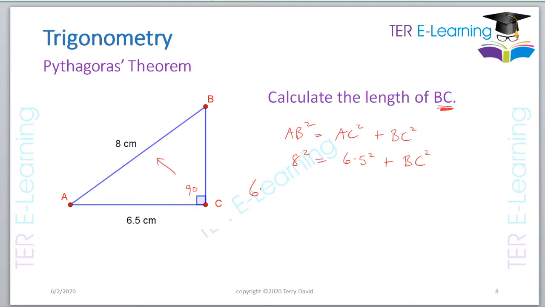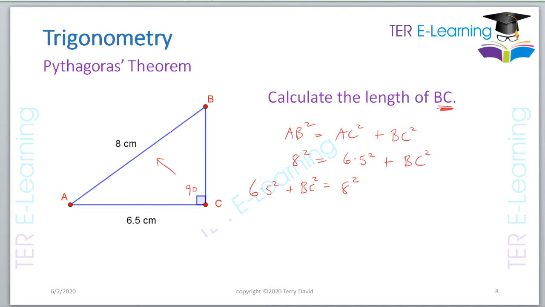You can write 6.5 squared plus BC squared is equal to 8 squared. You're not changing any sign as yet. Just look at it. If I have 8 squared is equal to 6.5 squared plus BC squared, it means that 6.5 squared plus BC squared is equal to 8 squared.